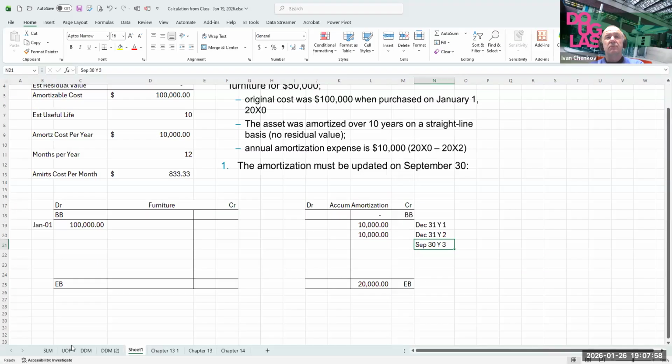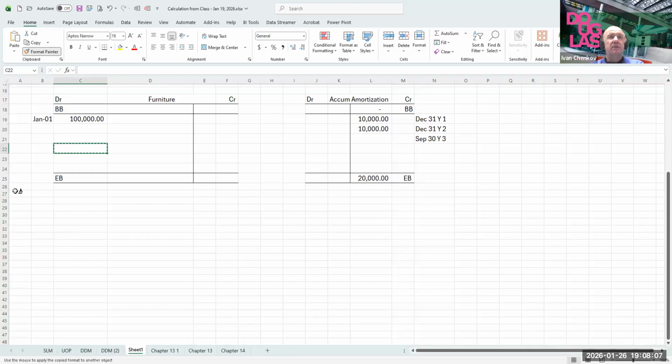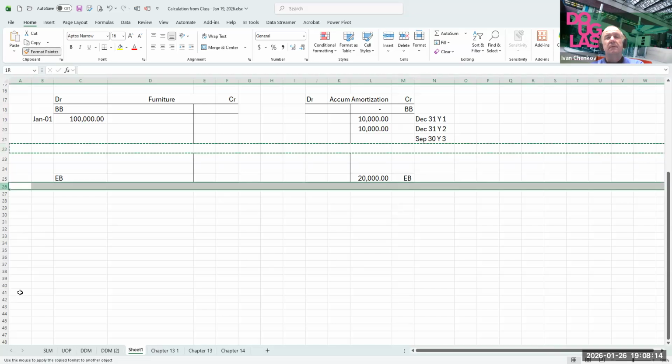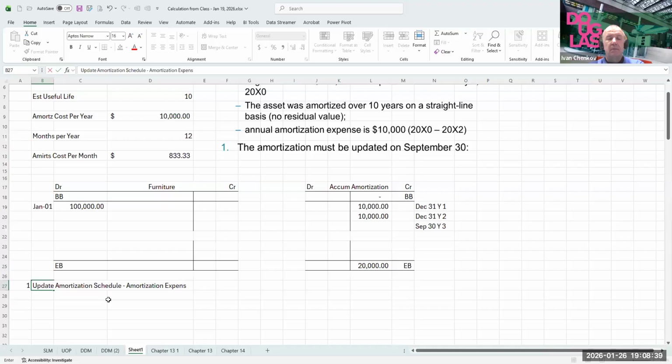First I have to update my amortization schedule, to update for the amortization expense and to reflect accumulated amortization.